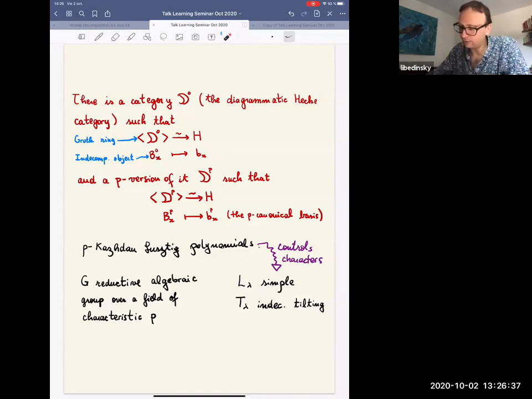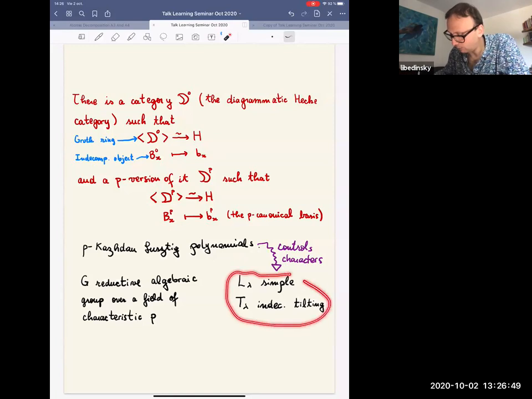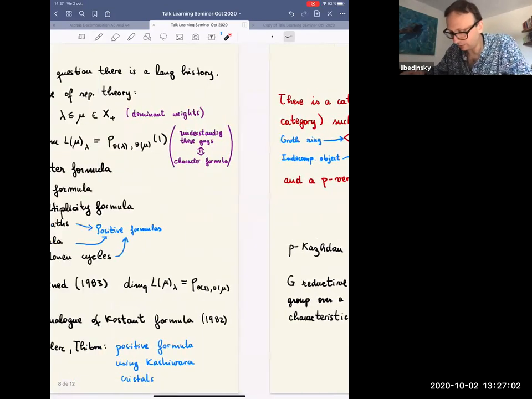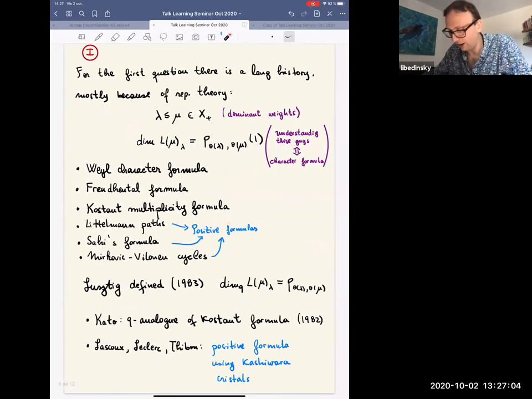And when you write the p-canonical basis in terms of the standard basis, you obtain the p-Kazhdan-Lusztig polynomials, and they control the simple and the indecomposable tilting modules of the reductive algebraic group associated to this. Of course, all of these results are extremely hard and important.